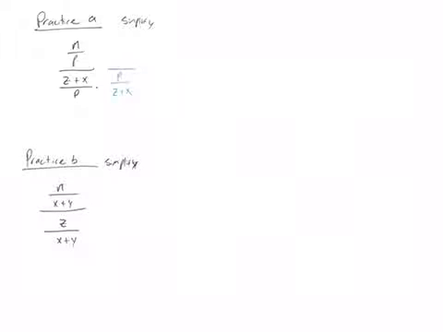So I'm going to multiply both the top and the bottom by P over Z plus X. And remember, this whole thing right here is just simply 1, because it's some number over the same number. Any number divided by itself is just 1, so I'm not changing the value of anything. I'm just trying to simplify this whole thing down.